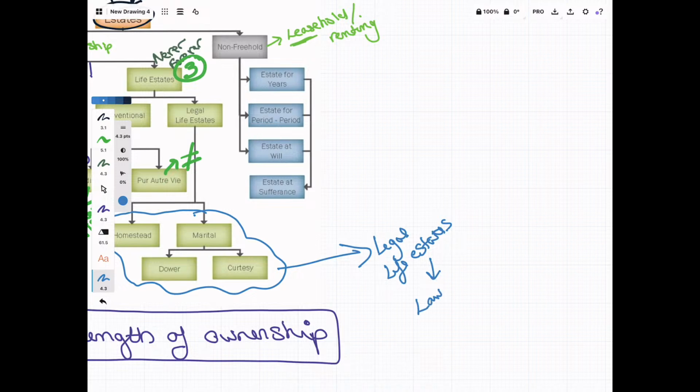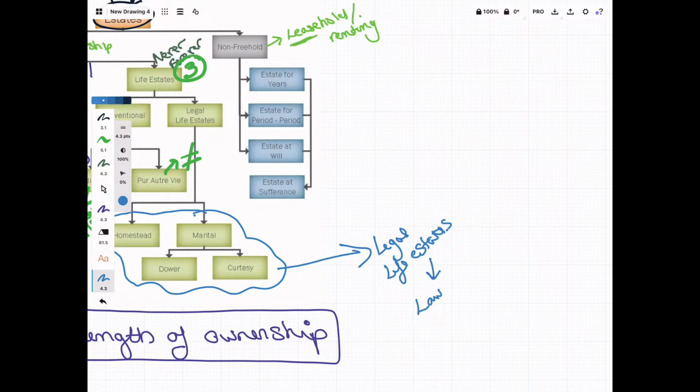That's all that means. Sometimes laws have it so that somebody can get a life estate, and when that happens, those are legal life estates. They come from a law. And dower is the wife's interest in the property of her husband, and courtesy is the husband's interest in his wife's property. They're just vocab words, nothing that's too complicated. Just know legal life estates come from laws.